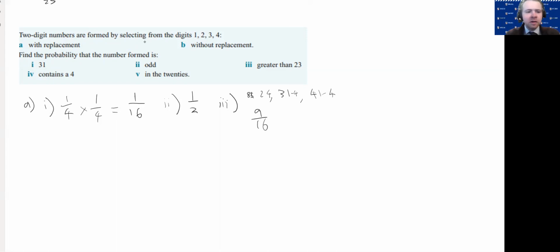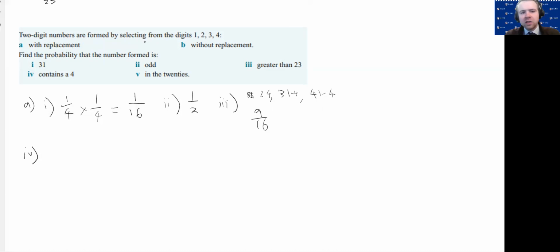That one's a bit tricky. Contains a 4. So that means there's going to be one option for if the first digit is 1, 2, or 3. So that's 3 total, and then there's going to be 4 options if the first digit is 4. So that means there's 7 numbers in total that you can make that have a 4 in them.